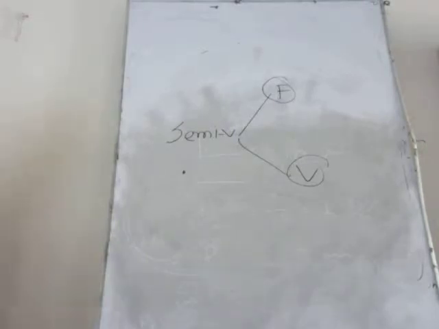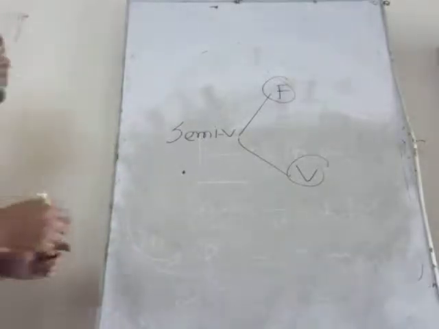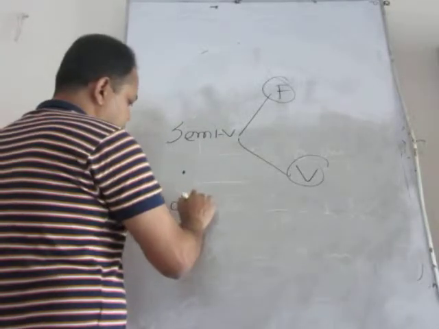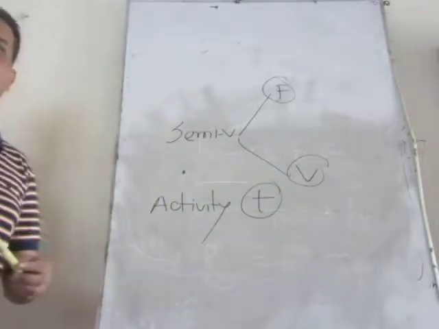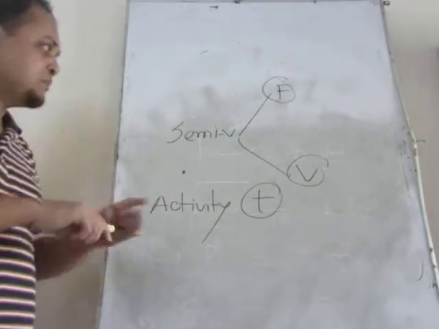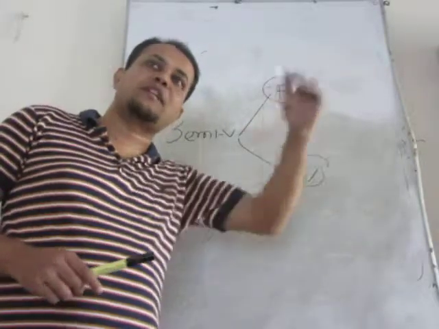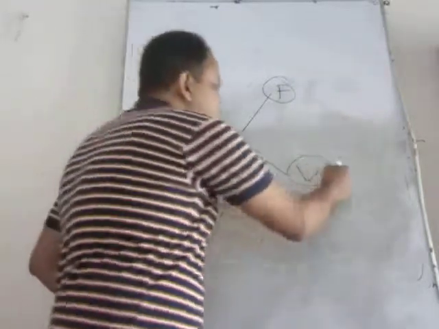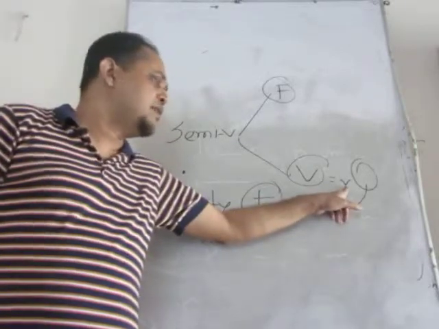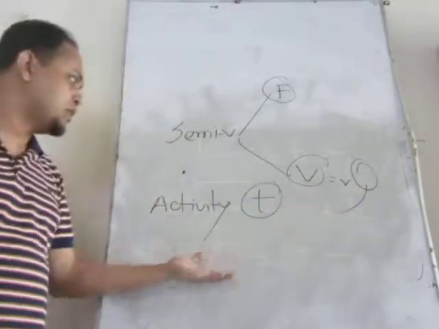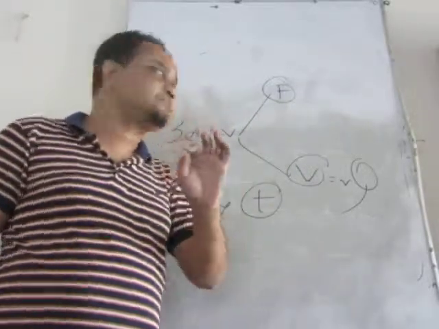Right? Now, the fact is, if the activity increases by 10%, that is, when activity is positive, that means you are increasing the activity. Your variable cost will increase at a constant rate because V equals VQ. That's why variable cost per unit is constant. So with the increased activity, your V will also increase, but at a constant rate.